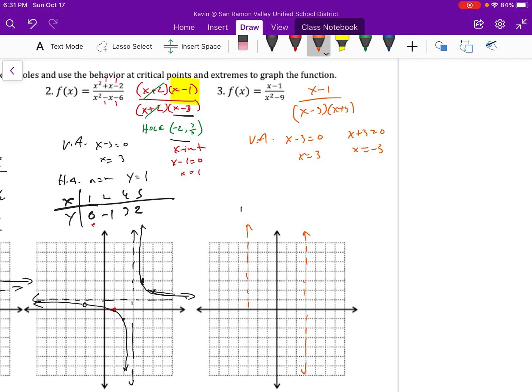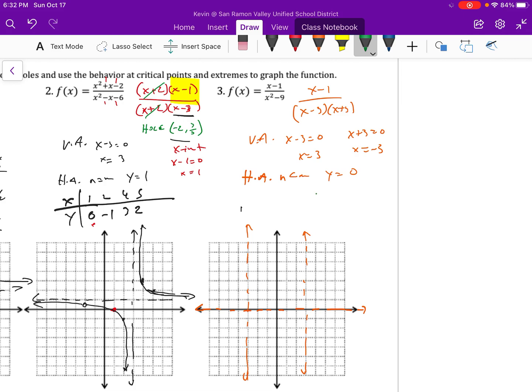Okay, vertical asymptotes. Horizontal asymptote, n is less than m, so y equals 0. I should be doing this in a different color, but there's our asymptotes.